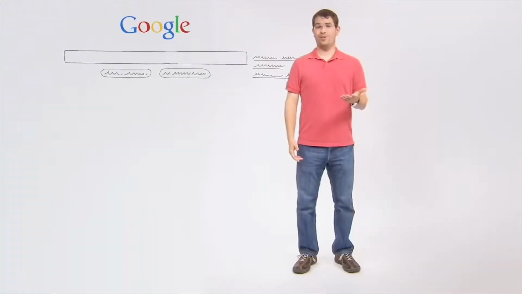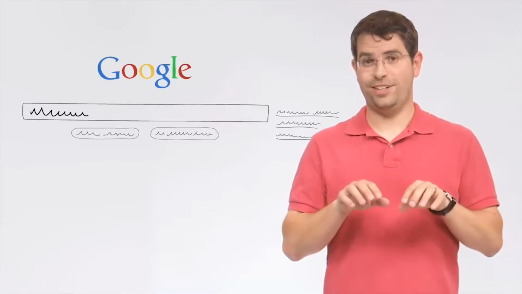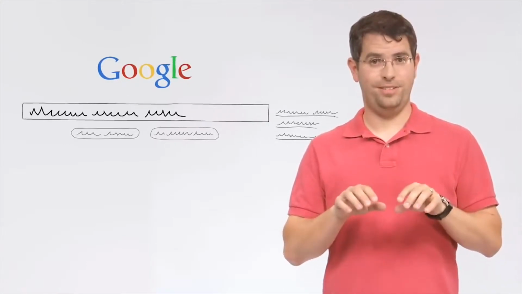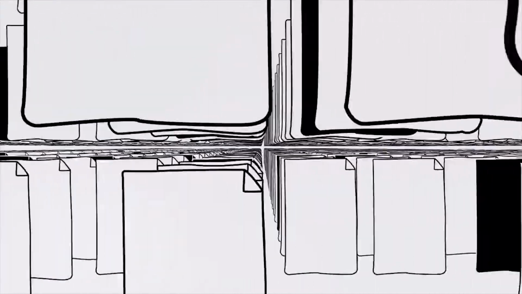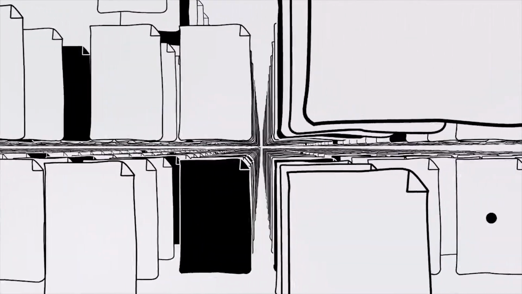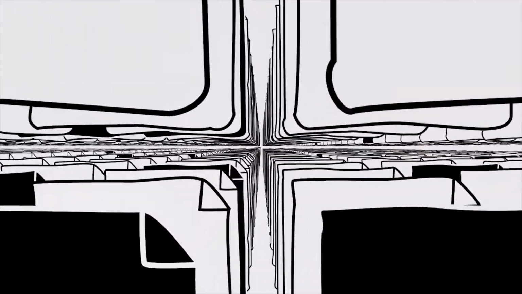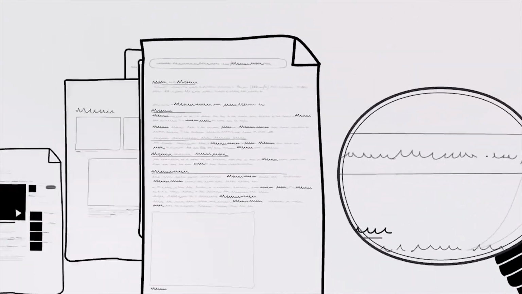Now, suppose I want to know how fast a cheetah can run. I type in my search, say cheetah, running, speed, and hit return. Our software searches our index to find every page that includes those search terms. In this case, there are hundreds of thousands of possible results. How does Google decide which few documents I really want? By asking questions, more than 200 of them, like, how many times does this page contain your keywords? Do the words appear in the title? In the URL?